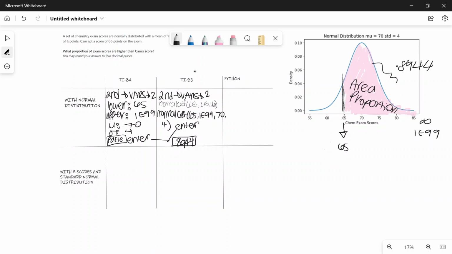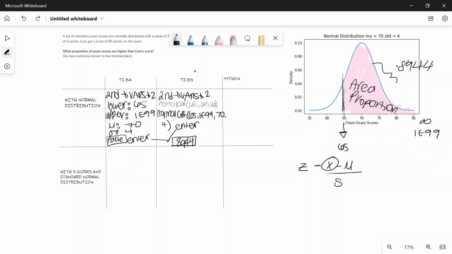Then how do we do it with z-scores? The formula for a z-score is x minus mu, divided by the standard deviation. You first have to get x, which is whatever point they want you to find the area above or below, and in this case it's 65, because it's the point they want you to find the area above.